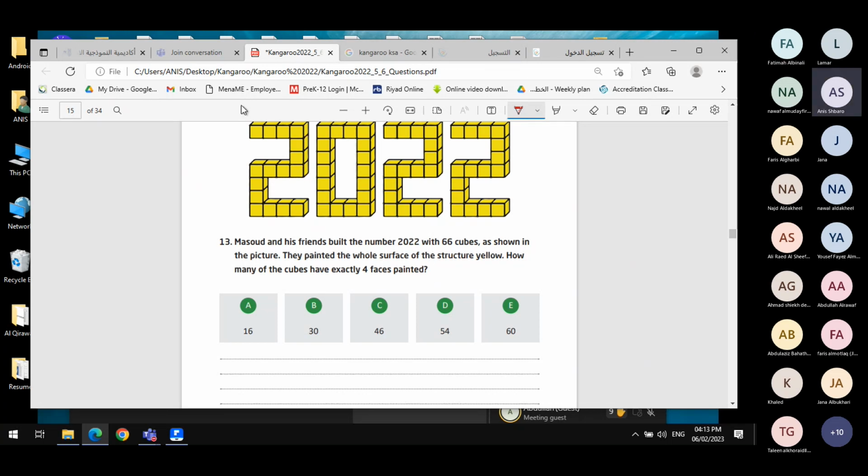Okay, so show us your ideas. We look at the picture, the ones that we can see that have 4. We count them. 1, 2, 3, 4. So, starting with the 2.